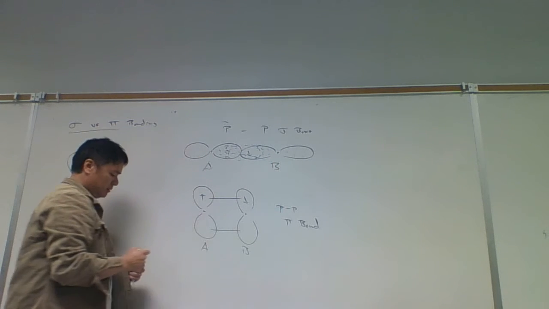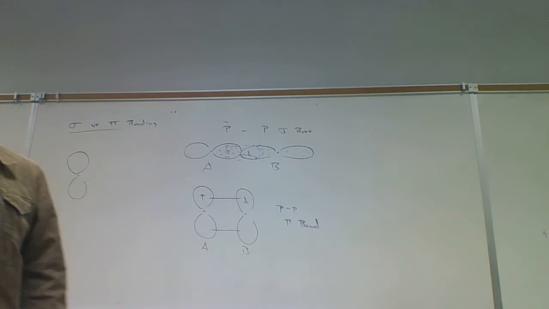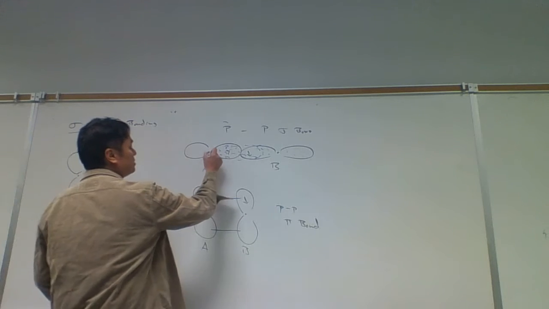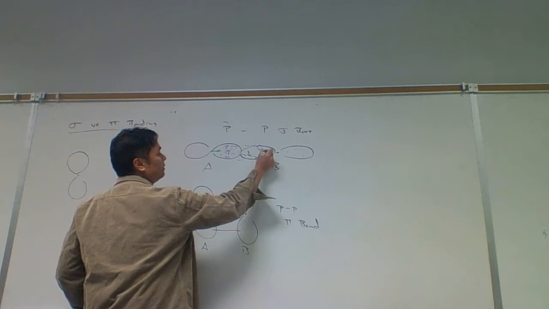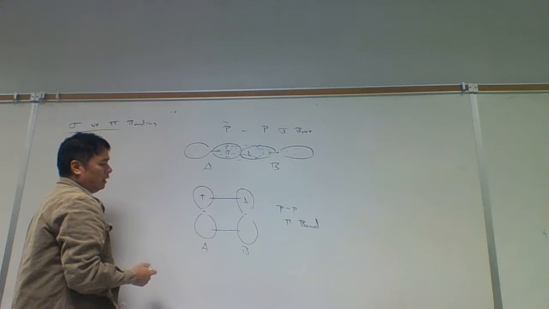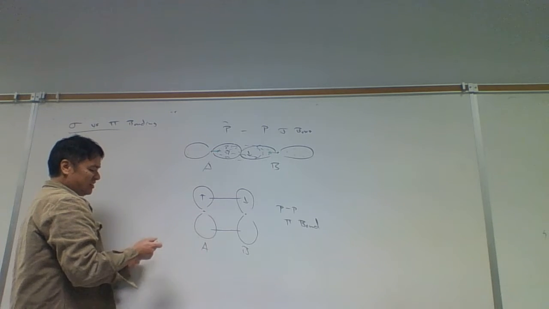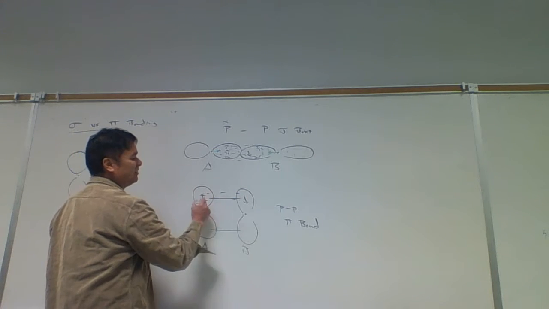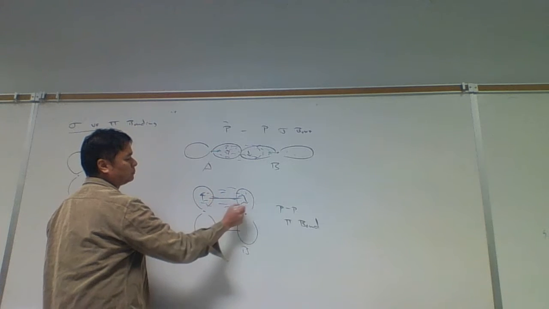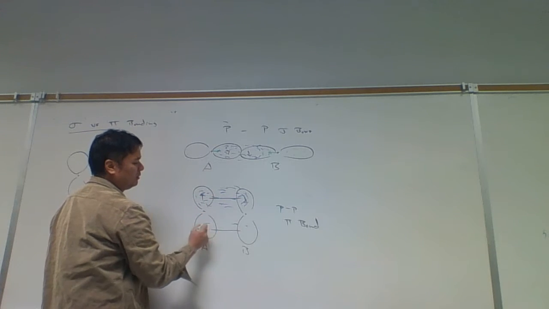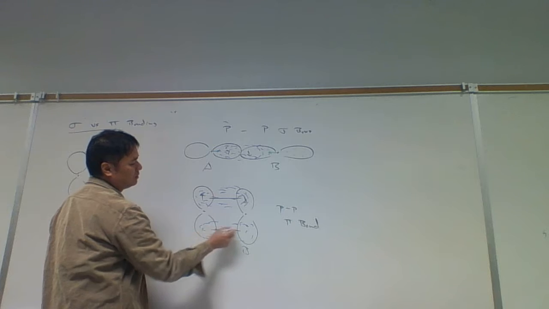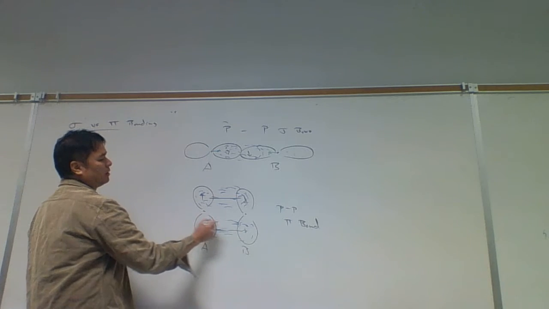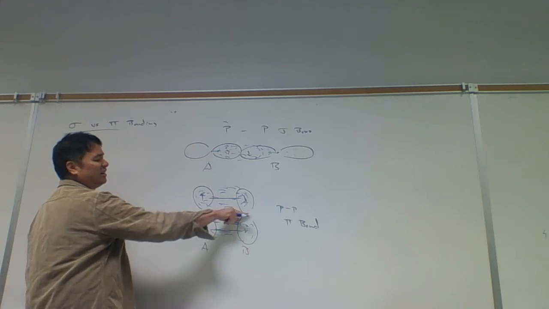And so the two nuclei are going to be attracted to this negative charge density between the two nuclei. The same thing's going to happen here, except the electron cloud is going to be above and below the internuclear axis. So it's concentrated there, and there's going to be a planar node right here.